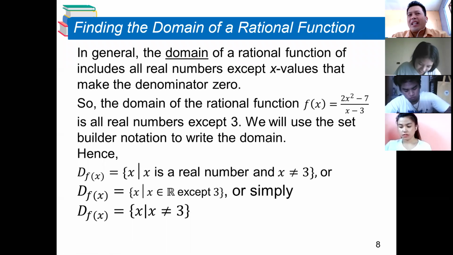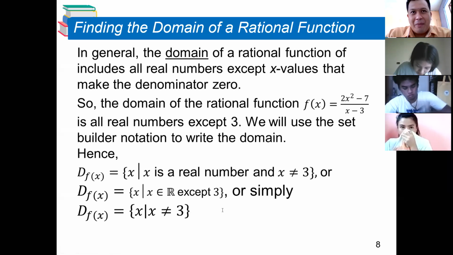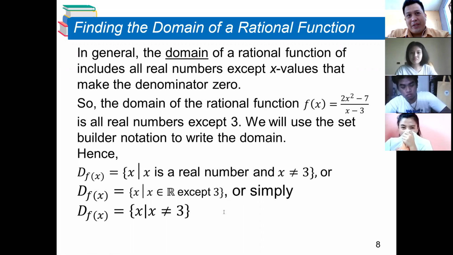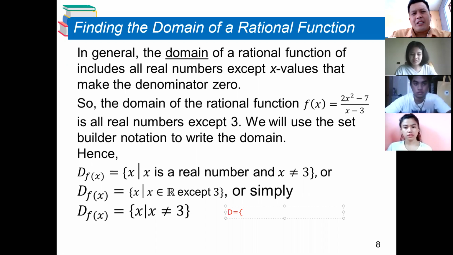Okay? This already tells, but there's a big but here, class. Because when we simplify too much, it may no longer be good. So perhaps you are going to write me the answer: the domain of function f is equal to the set of values of x wherein x is not equal to 3.